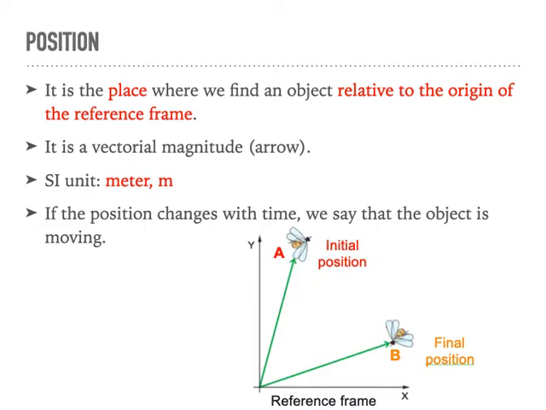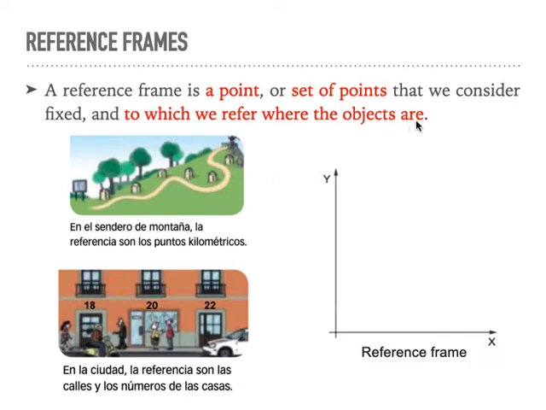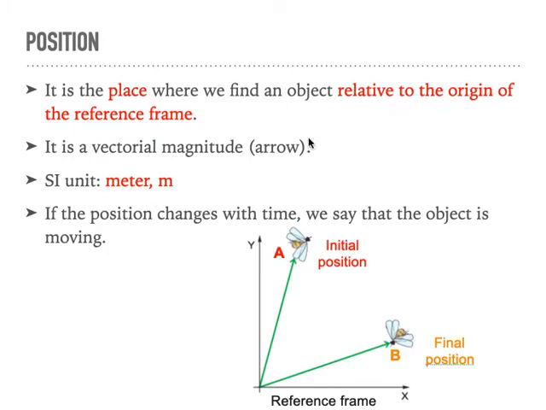Anyway, so we were talking about position, and we're going to define it as the place where we find an object relative to the origin of the reference frame, because we need, again, the reference frame for everything. So the position is where the objects are relative to that reference frame. So for example, if we have a fly in here, this arrow is the position of this fly.